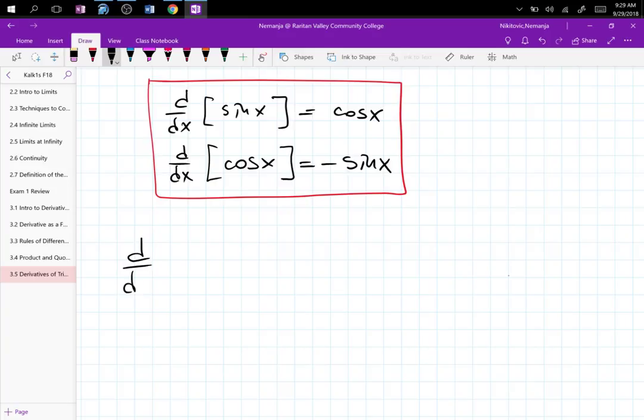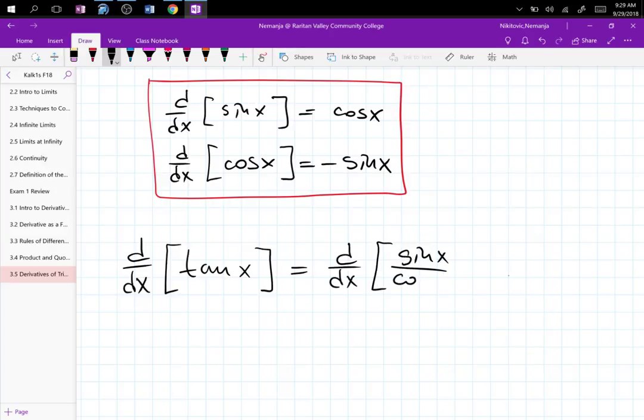So what is the derivative of the tangent? I will ask you to help me with this because we learned this last class. What is the tangent equal to in terms of sines and cosines? Sine over cosine. So what is this now when it's written this way?